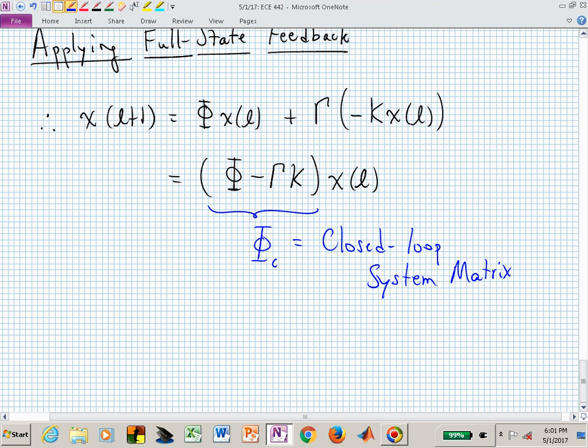Before, if it was kicked, if phi was kicked in this example, what would have happened? If you would have excited those modes in the system, what would have happened with this phi that we started with? Where were our eigenvalues? Where were our open loop poles? We had one at 0 and one at 2.